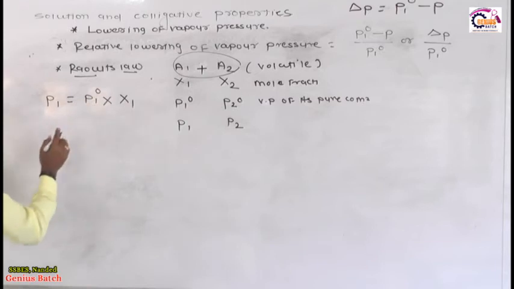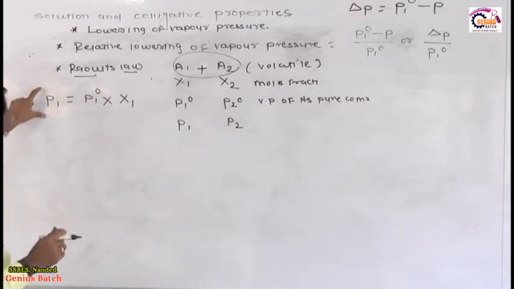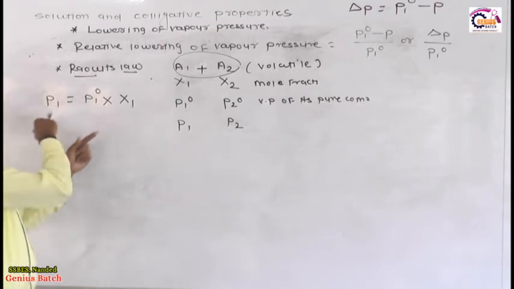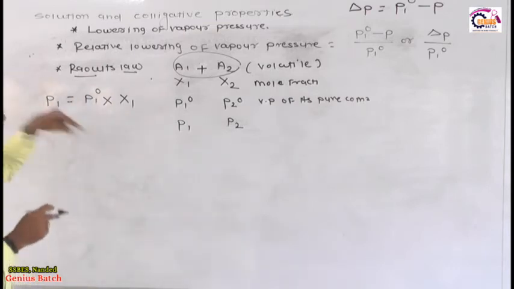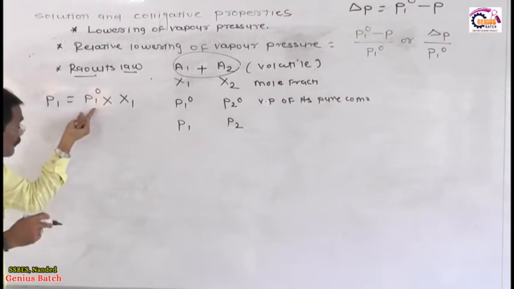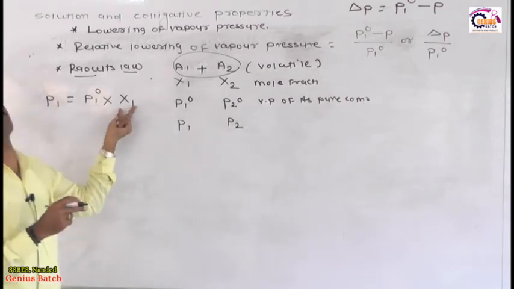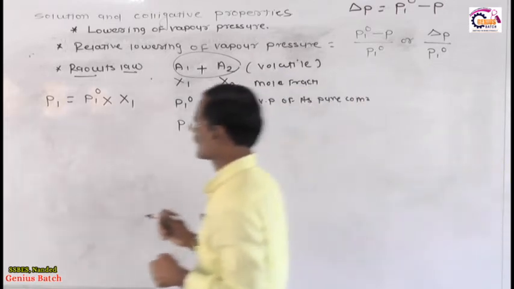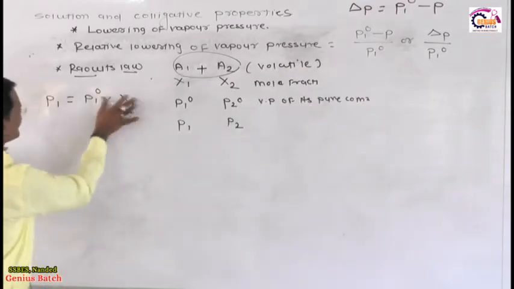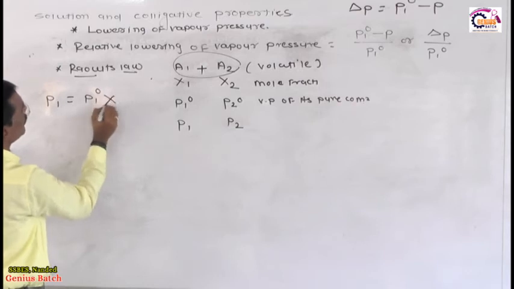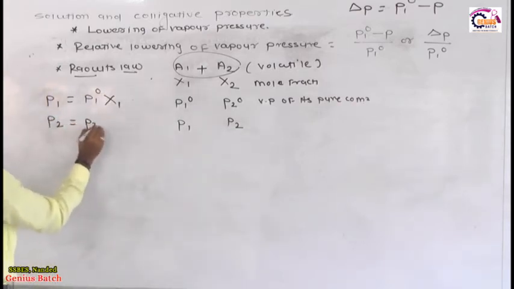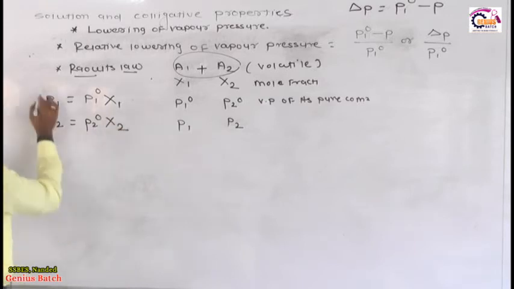Therefore according to Raoult's law, the partial pressure of a component in a solution is the product of the pressure of its pure component into mole fraction. Therefore P1 is equal to P10 into x1. Therefore P2 is equal to P20 into x2. So this is the statement according to Raoult's law.